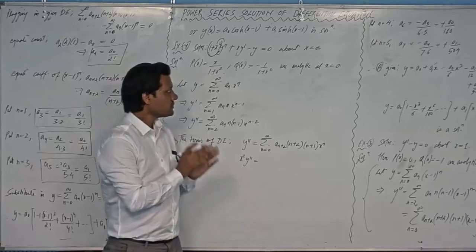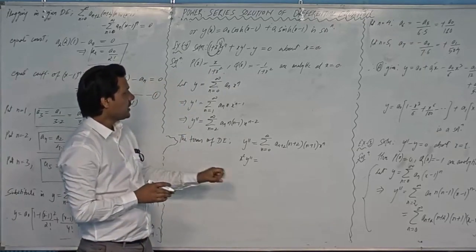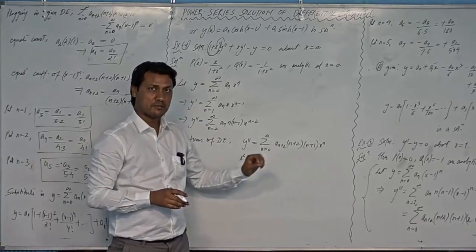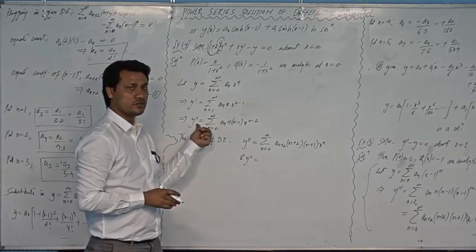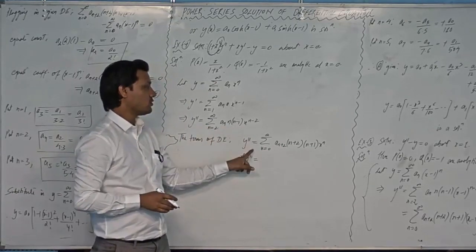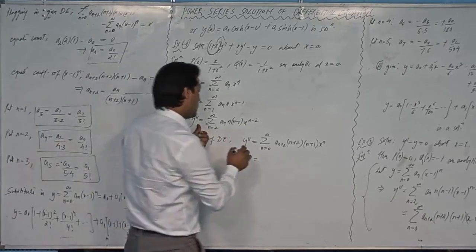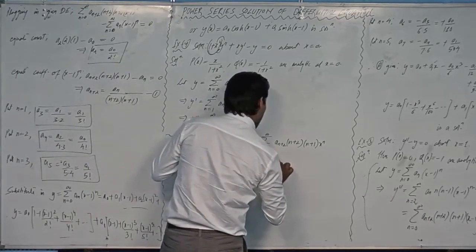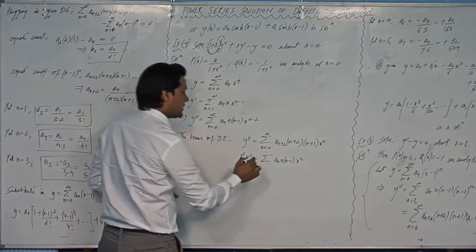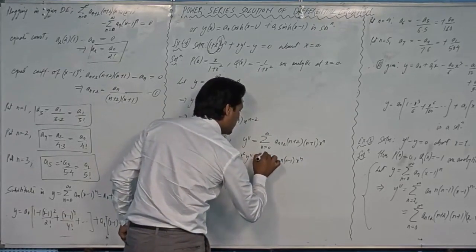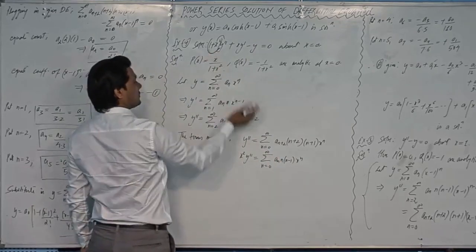You should aim at getting x to the power n finally, and I am getting my goal after multiplying this x square by this y double dash, right? So you should multiply x square with this, not with this y double dash. Okay, that will produce summation n times n minus 1 and x to the power n, right? And now I can start with n equal to 0 to infinity. So these are the first 2 terms.